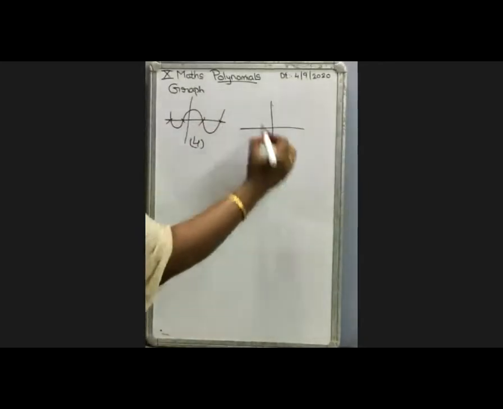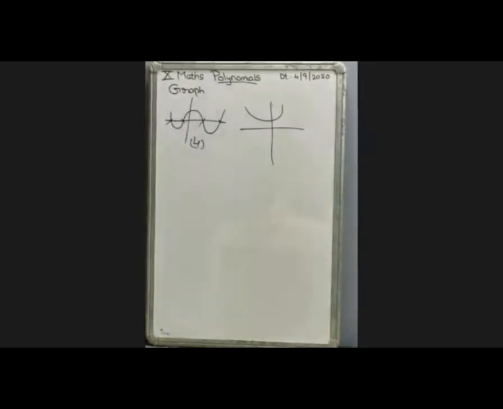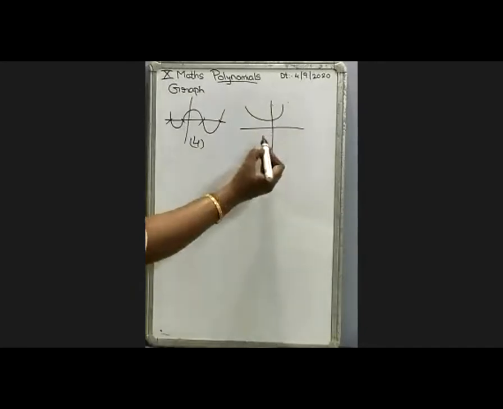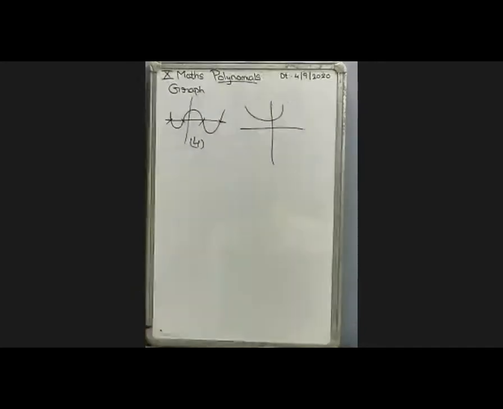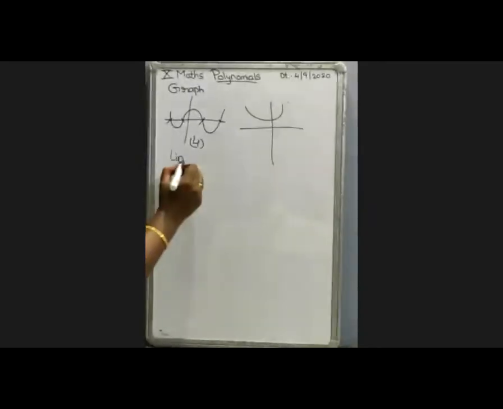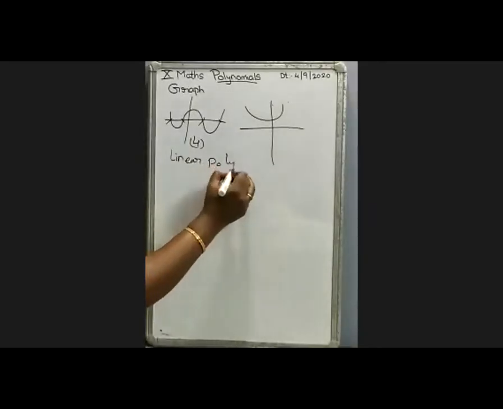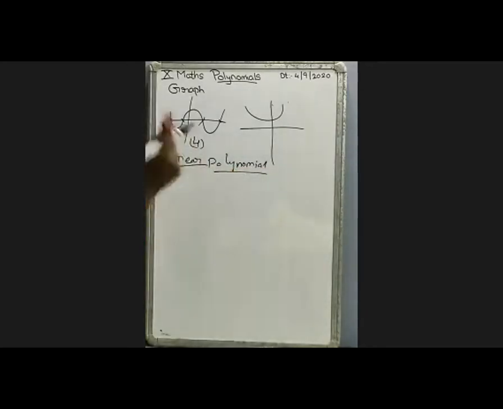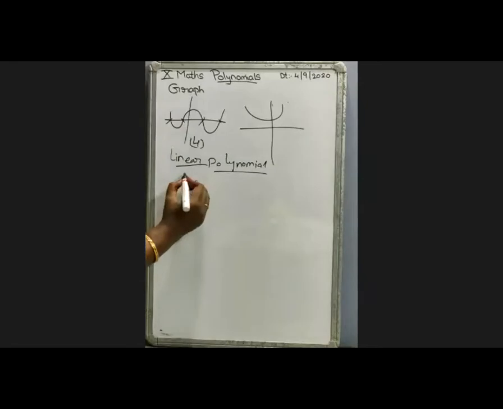And if you take another one, this is also a parabola graph only, but this is not cutting the x-axis. So here there are no zeros of the polynomial. In the previous class we also discussed the linear polynomial. A linear polynomial has only degree 1.